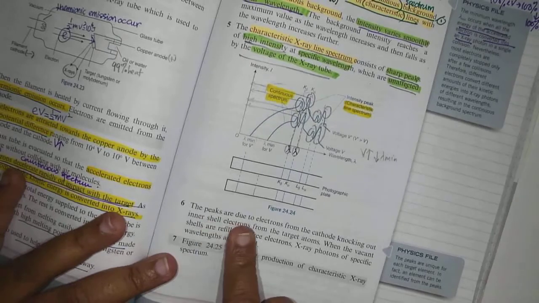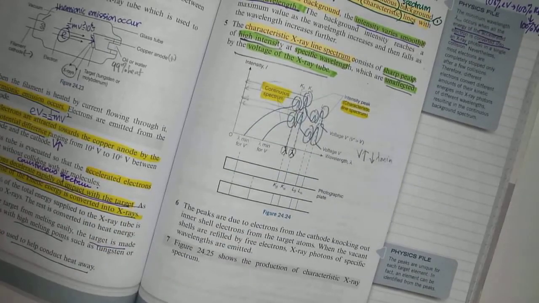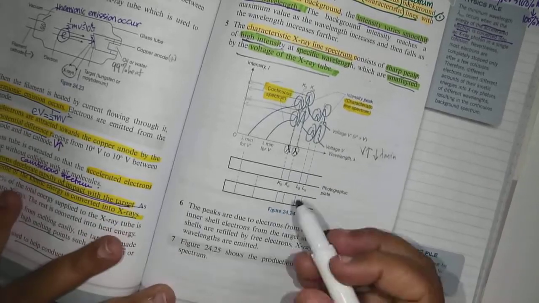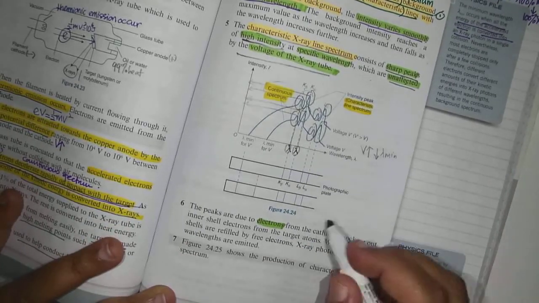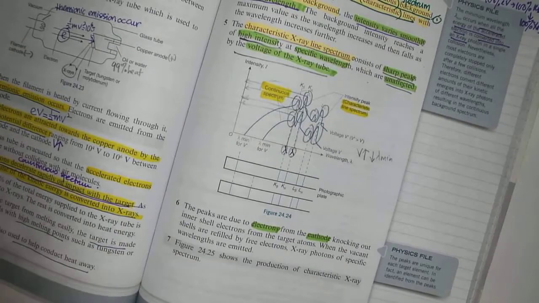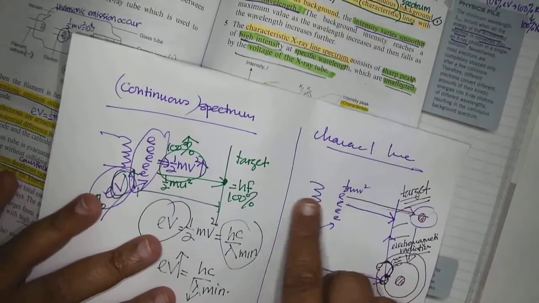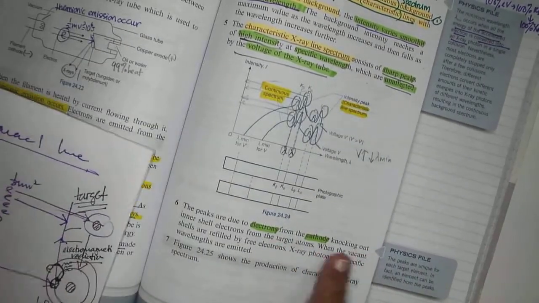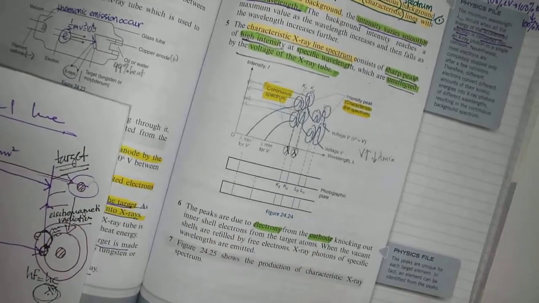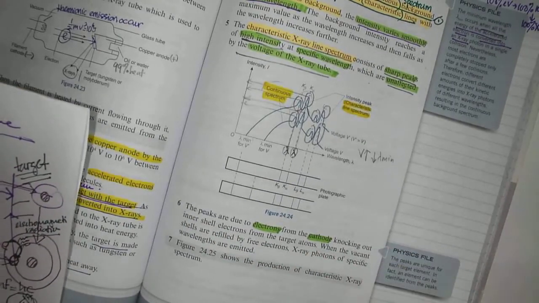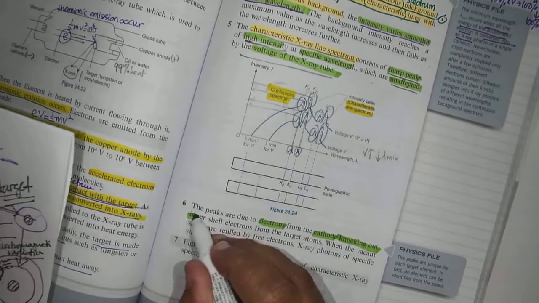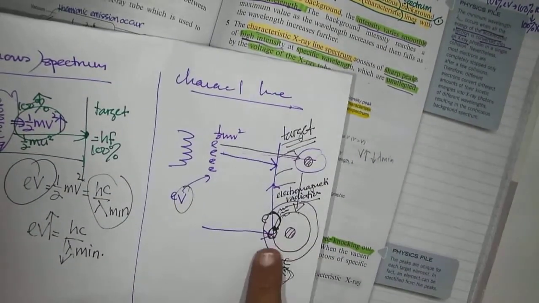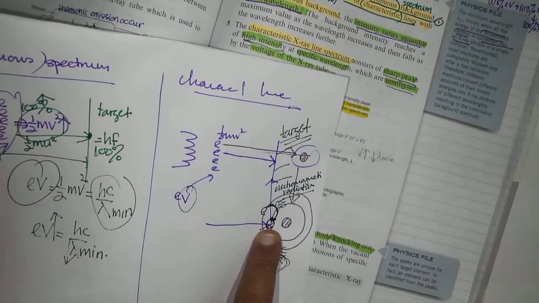The peaks are due to electrons from the cathode knocking out an inner shell electron from the target atom.